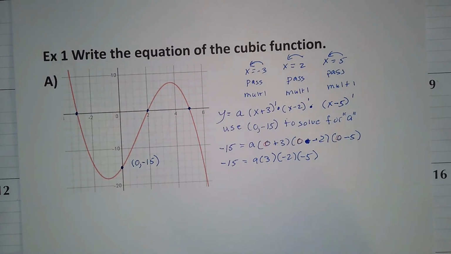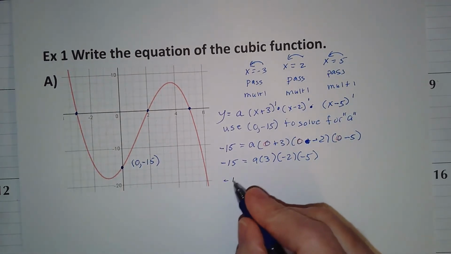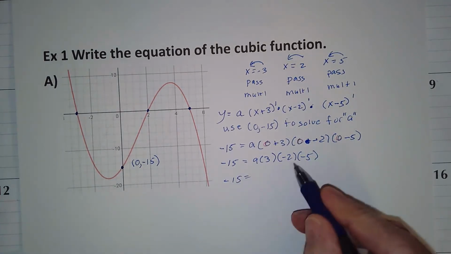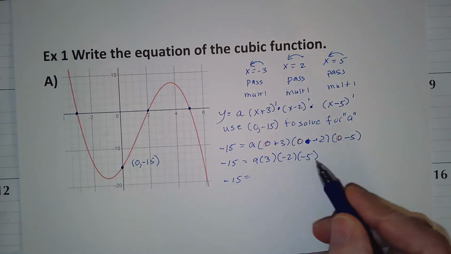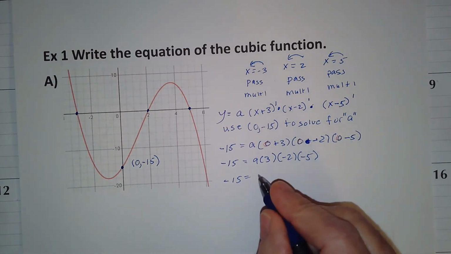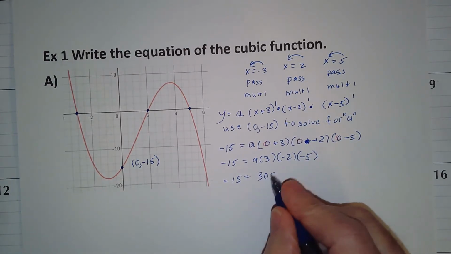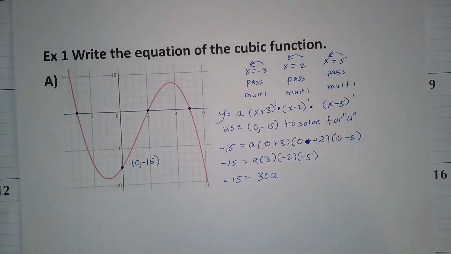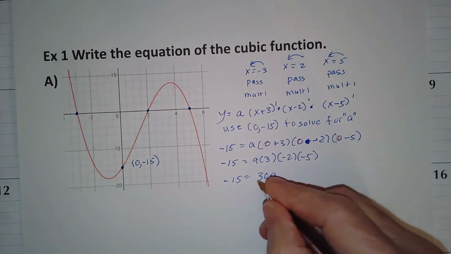Okay. All right, let's clean it up. So negative 15 is going to equal, let's see, what's 3 times negative 2? That's negative 6, times negative 5 is positive 30. So we end up with 30a. And then we're going to divide by 30 on both sides here.